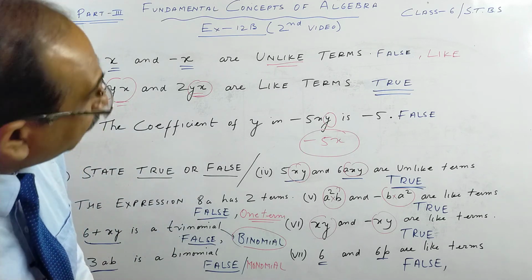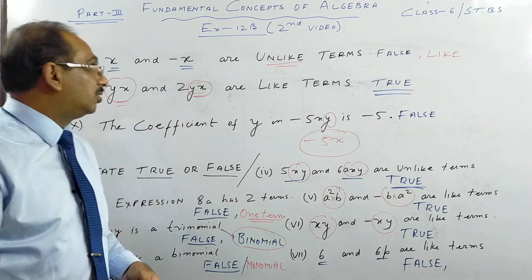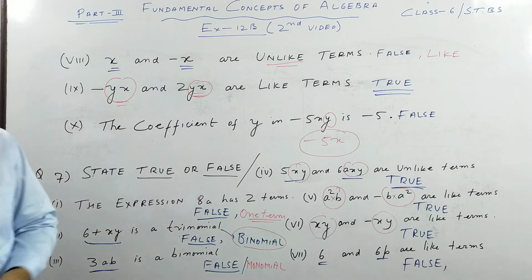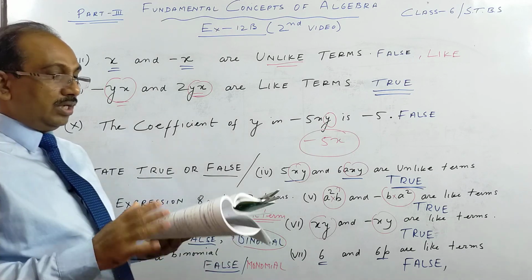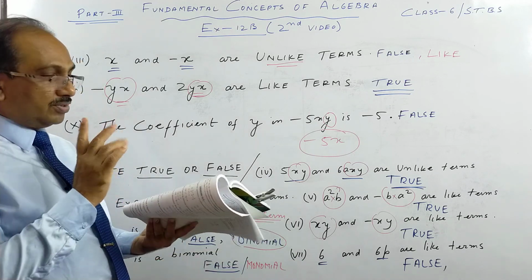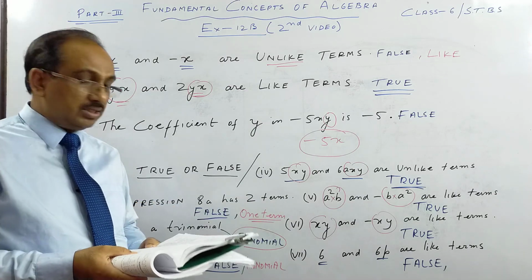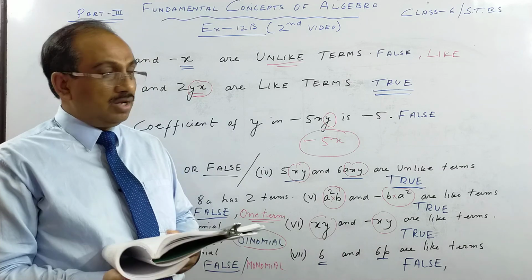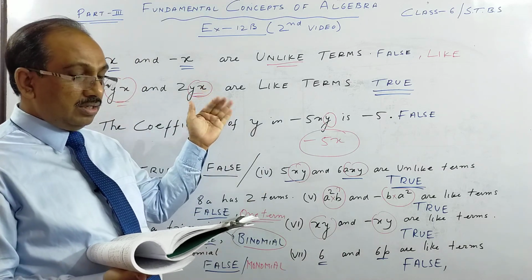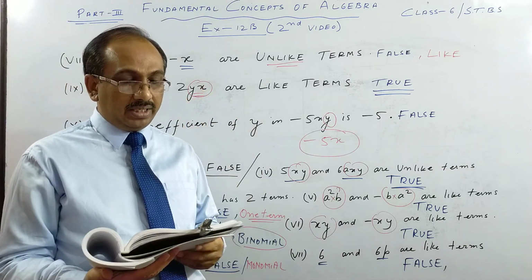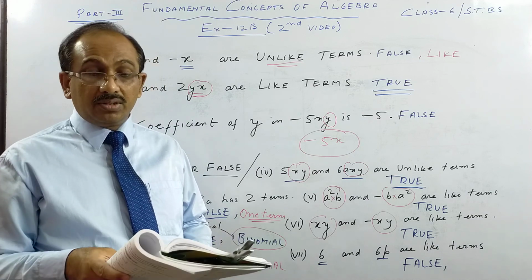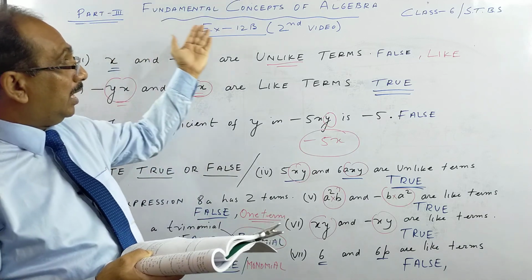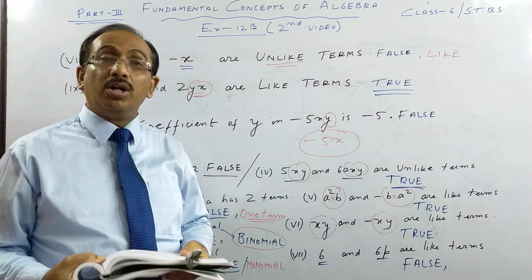So here I have come to the end of exercise 12B, fundamental concepts of algebra. But next exercise, children. So what we will see in exercise 12C, which will be very important, children, very important here, and you will have most of the questions from this chapter, and next chapter is a little more important. So what we will study in 12C, that is my part 4, and first video on 12C, you will see polynomials.